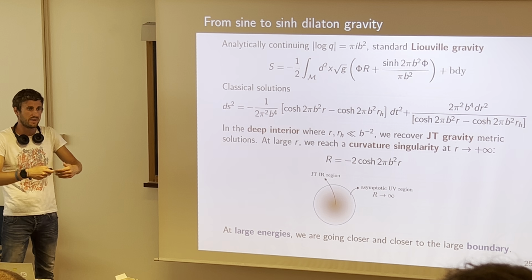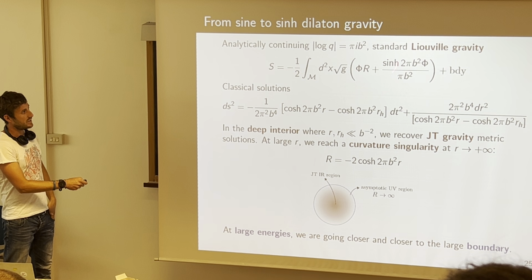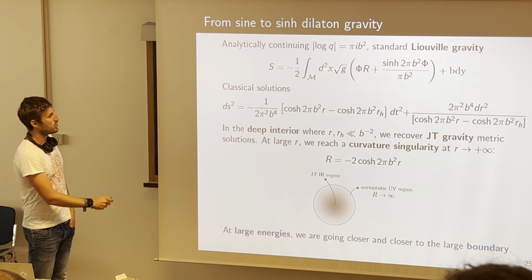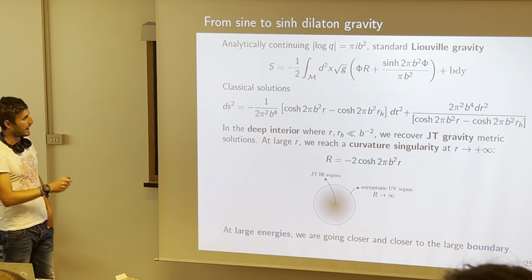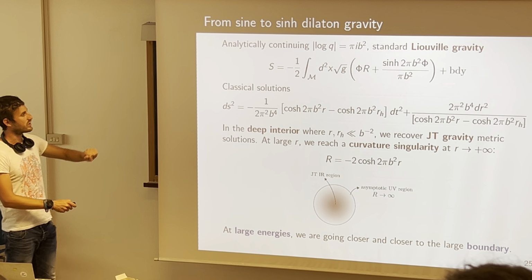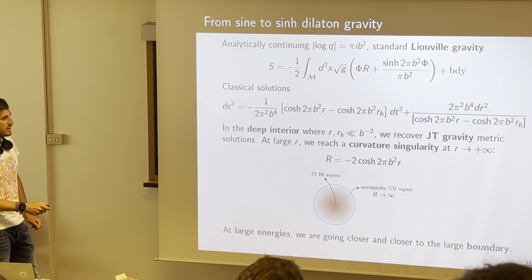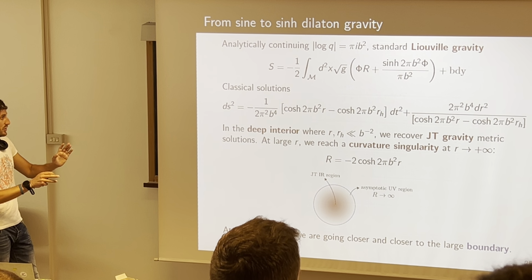Again, you can add the ghosts and form a string theory, but this is the gravity formulation of this string theory. One can study the classical solutions of this theory. The main point is that we still don't know how to get that result in sine dilaton gravity, but we may want to understand something in this very closely related theory, and we will see that it shares more or less the same features.